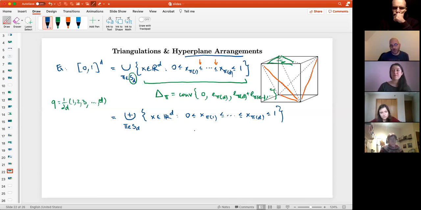So I have to tell you which ones are strict. My neighboring inequality is between some x_{π_j} and x_{π_{j+1}}. And I claim what you want here is that j is a descent of the permutation.